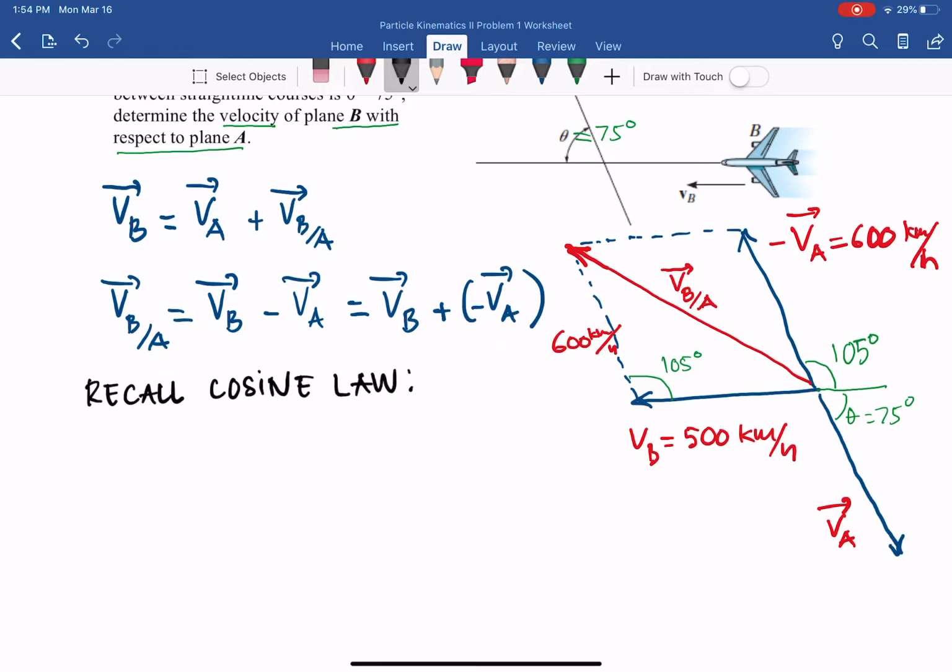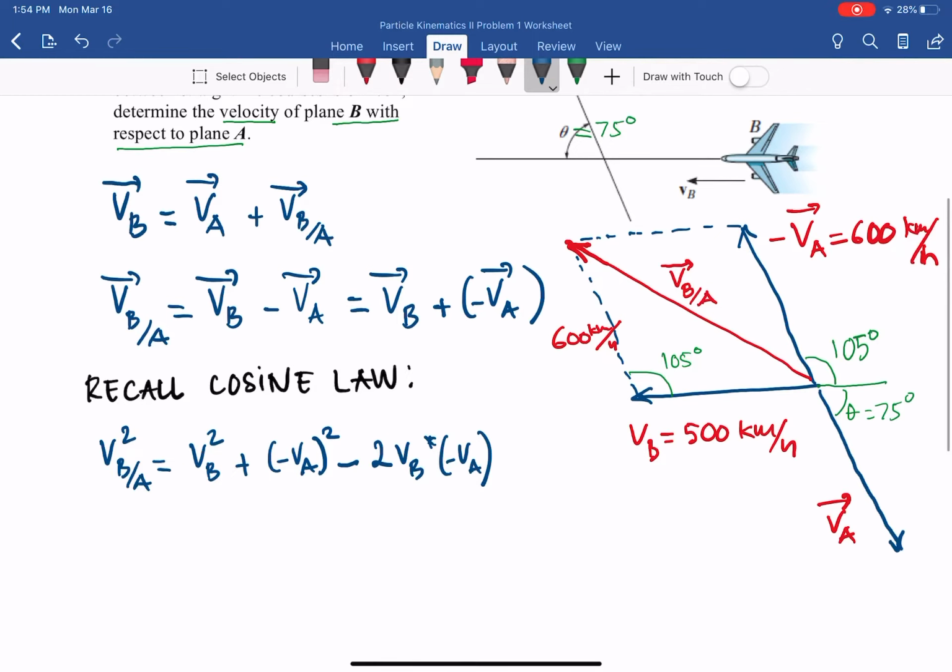The opposite side squared, VB relative to A squared, is equal to the two other sides squared, so VB squared plus negative VA squared, because that other side is negative VA, minus 2 times the product of the two sides, VB times negative VA, and then cosine of the opposite angle.